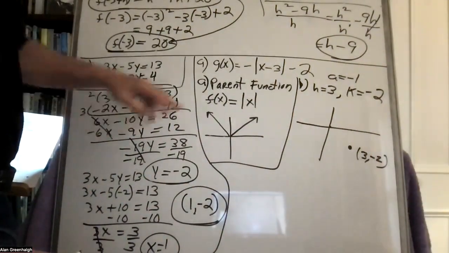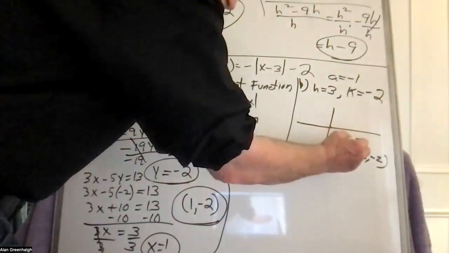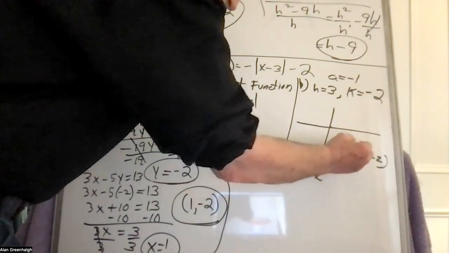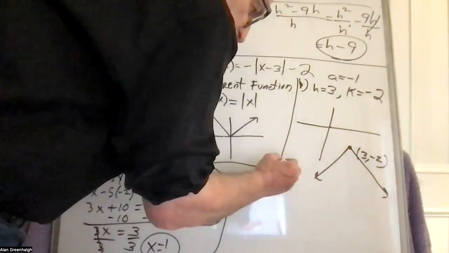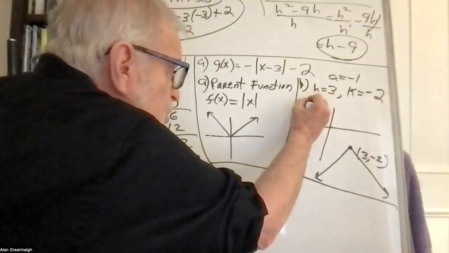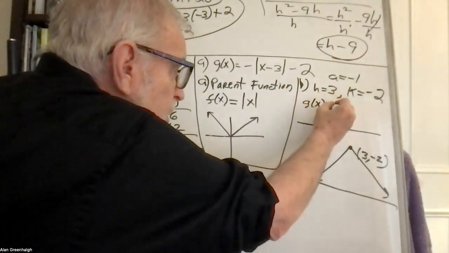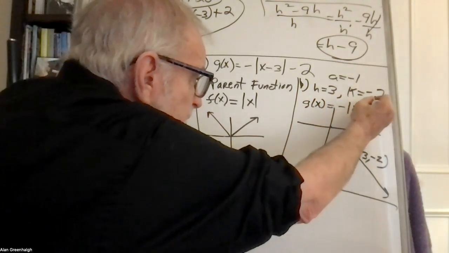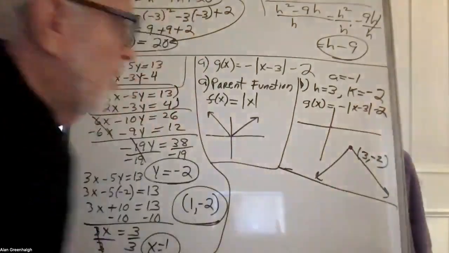And we don't want it to look like this. We want it to look with the negative 1 as the reflection. So it's going to go down like this. This is a complete answer to the question. And this is g of x equals negative the absolute value of x minus 3, minus 2.